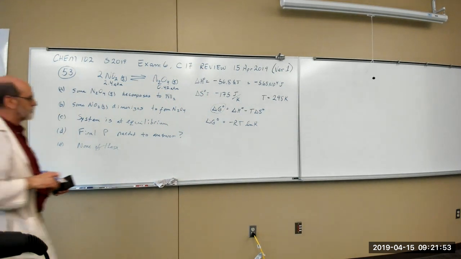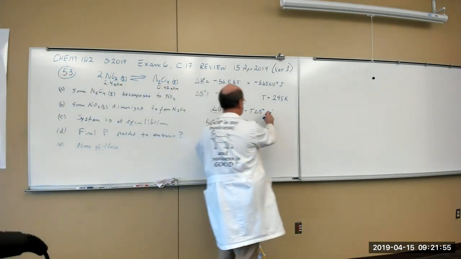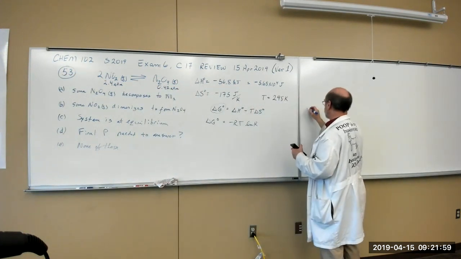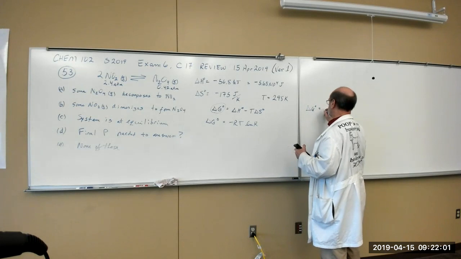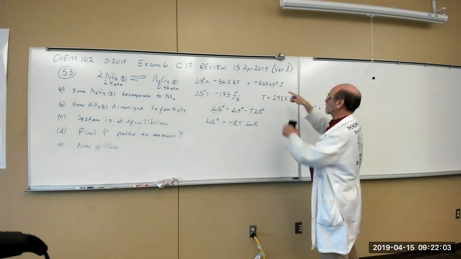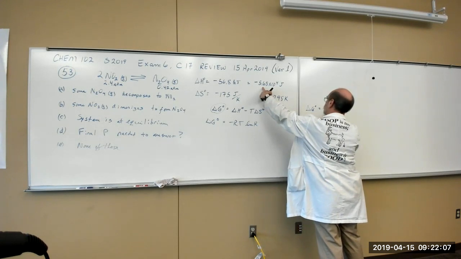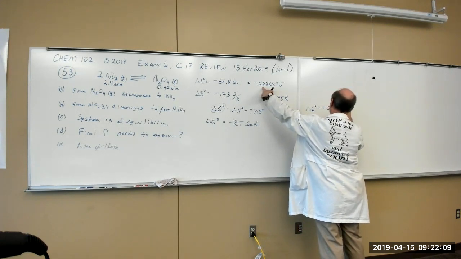So let's do this one and find out what delta G is. Delta H is minus 5.68 times 10 to the 4th joules.